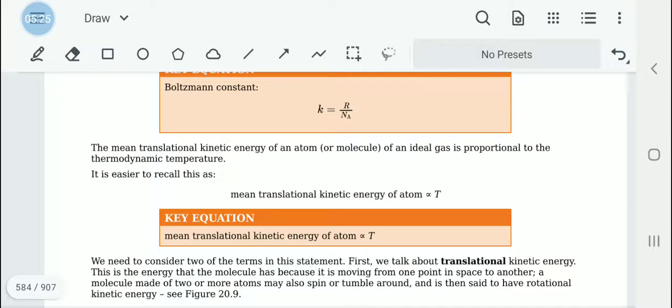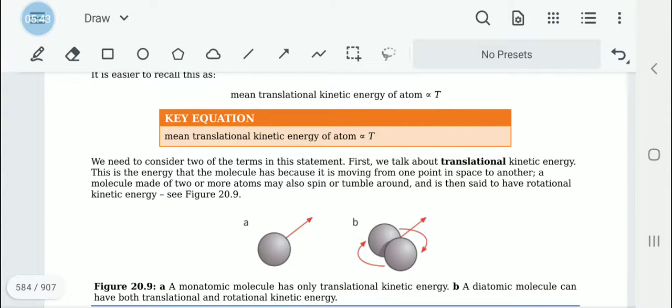Right? So that means the higher the thermodynamic temperature, higher is the kinetic energy, and that is a relationship that we have already discussed. Then mean translational kinetic energy of an atom is proportional to T.